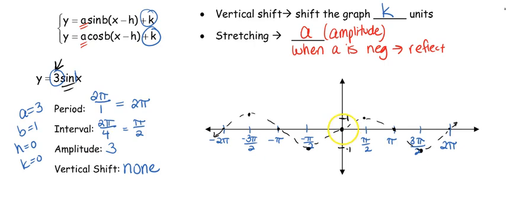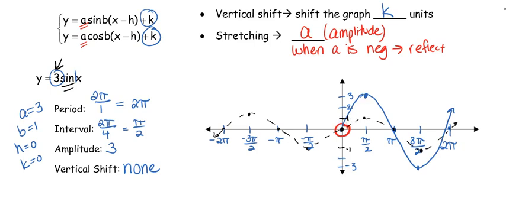So instead of going from 0 to 1, I'm stretching it out to a value of 3. And then back down to 0. And then negative 2, negative 3, down to negative 3, and then back. So here's going to be the first cycle of y equals sine of 3x.